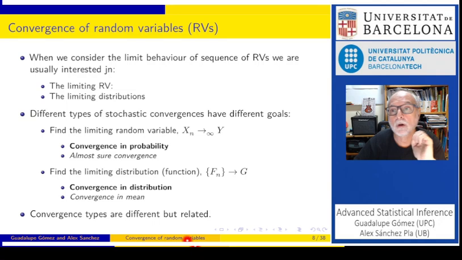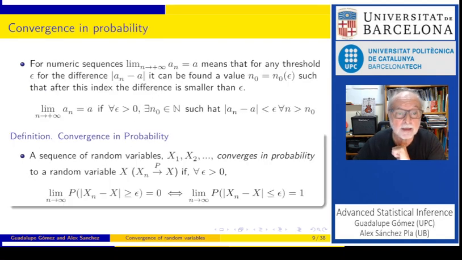Okay, let's now go into the details of each type of convergence. Let's start by convergence in probability. For this, remember that for numeric sequences, the concept of limit is a familiar idea.